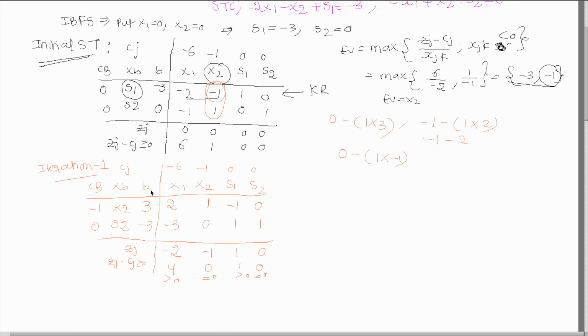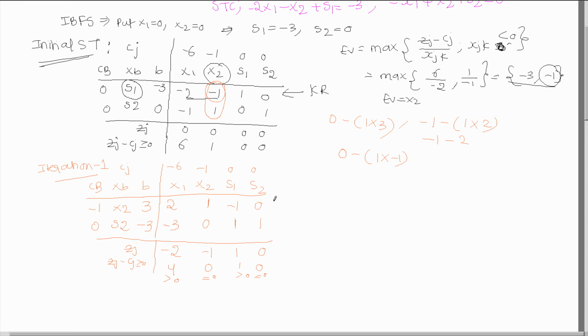So for dual simplex, there is no place for negative values. So we have to calculate for positive values. So we have to find the next iteration too.